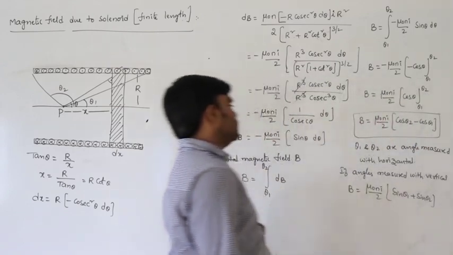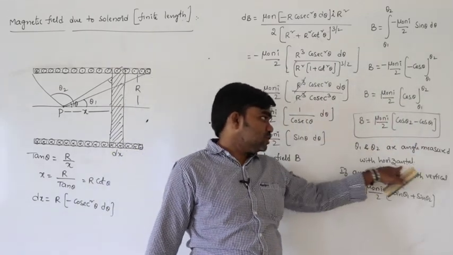So remember that: here theta 1 and theta 2 are the angles measured with the horizontal.